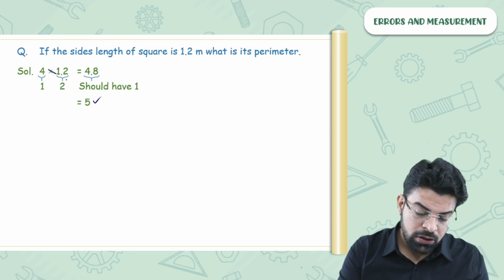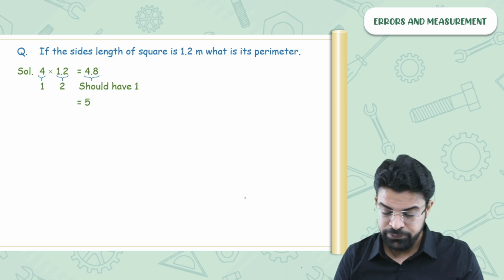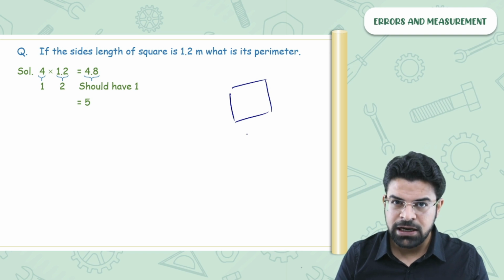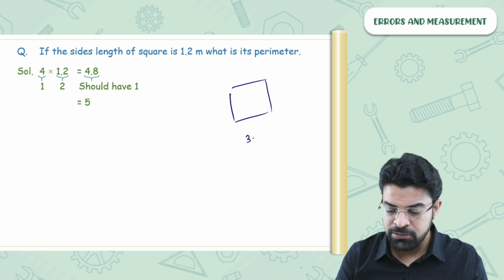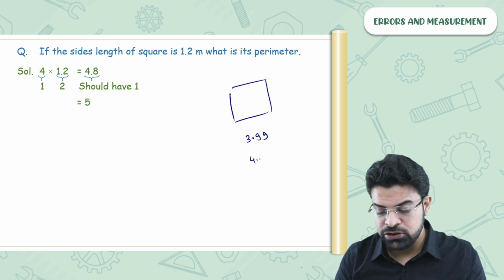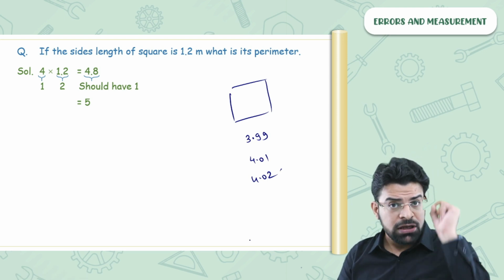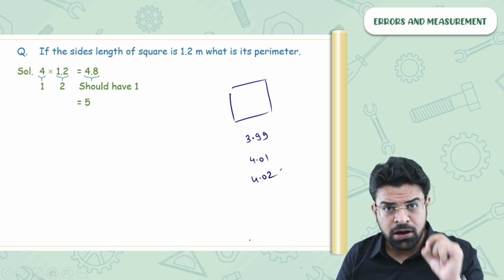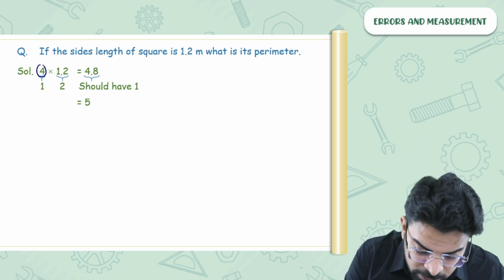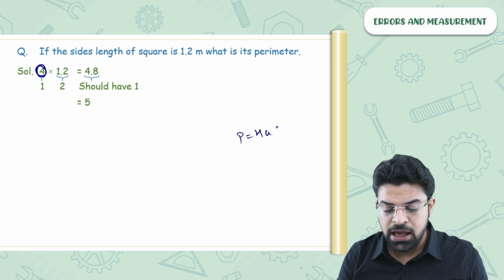This is the wrong approach to this question. Don't solve this question this way. Why? When I say a square has 4 sides, can the number of sides of a square be 3.99? Can it be 4.01 or 4.02? No, sir, it's an exact number. The number of sides of a square is exactly 4. So how many significant figures does this 4 in the formula P equals 4a have?